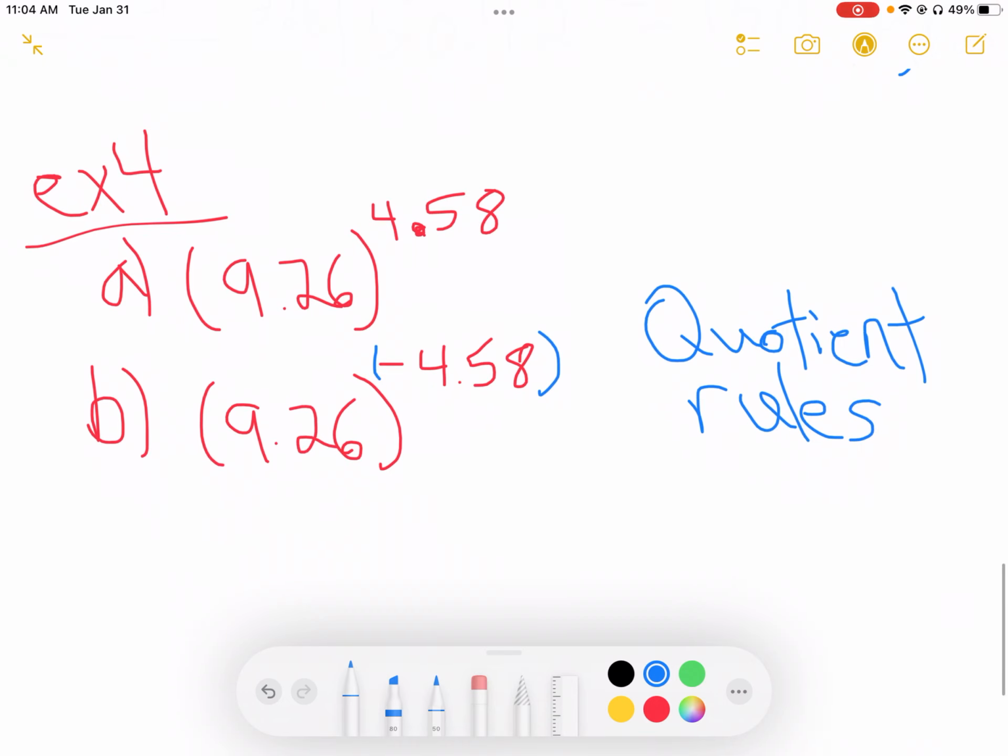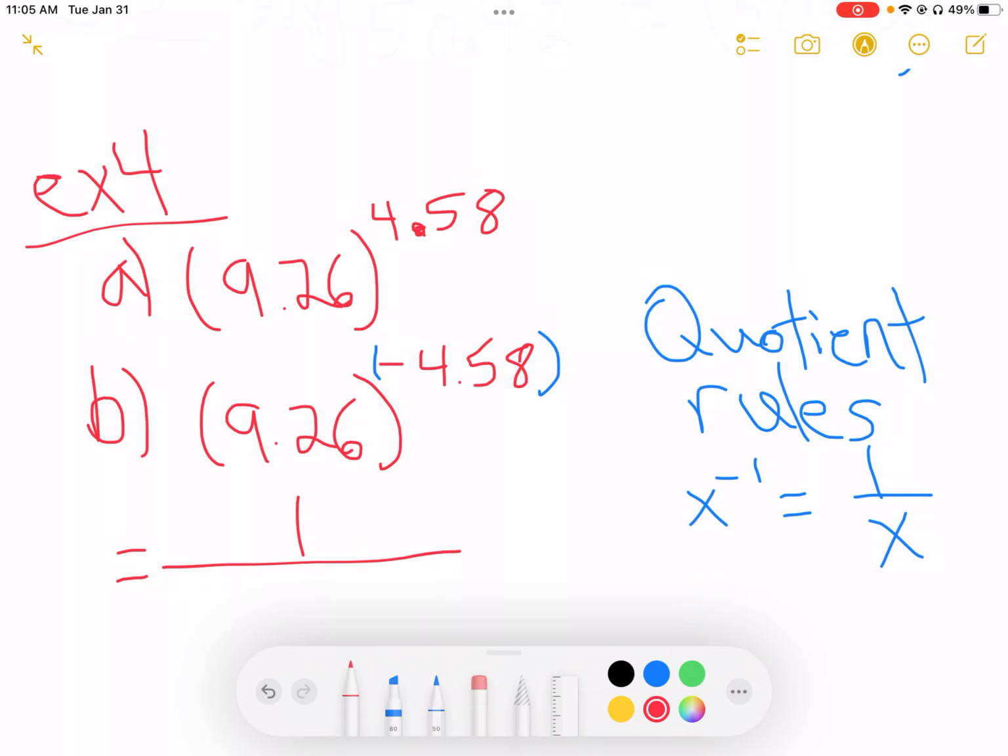So the quotient rule says that if I have something like x to the minus 1, I can move it to the bottom just by doing this, and then my actual exponent becomes positive, or it switches sign. So for this over here, I could calculate it like this instead.